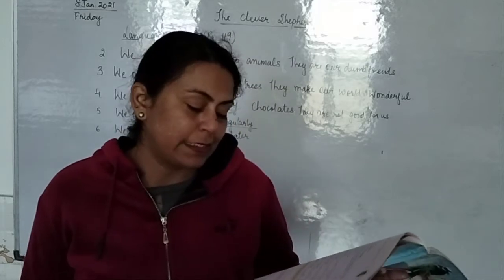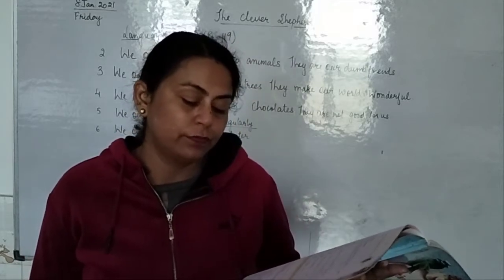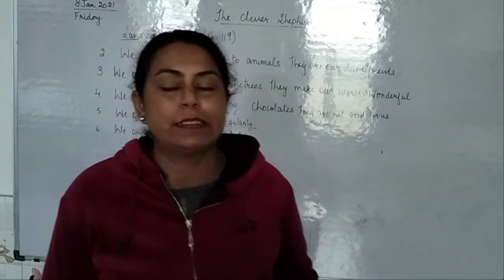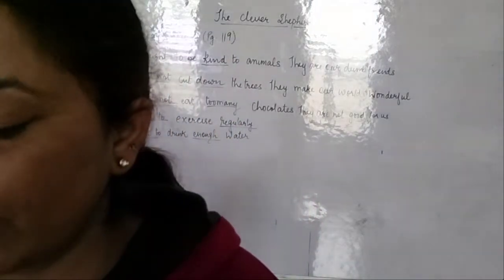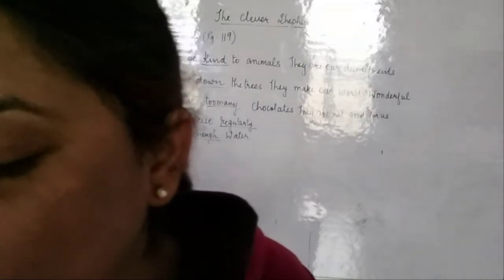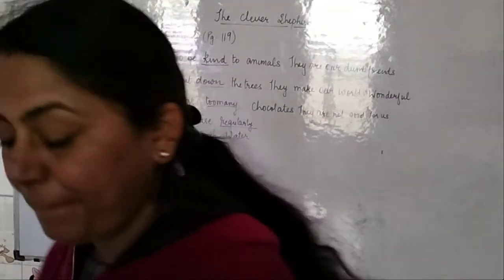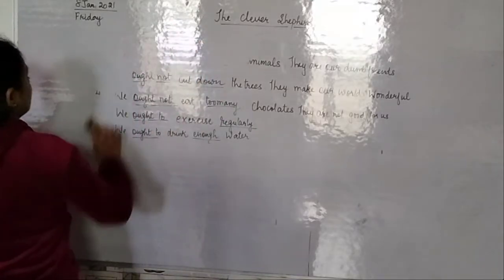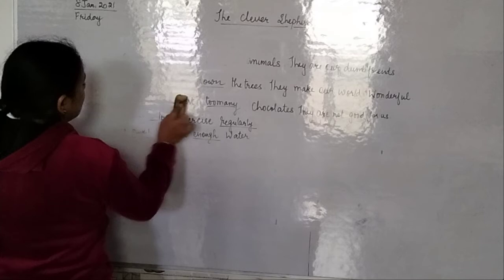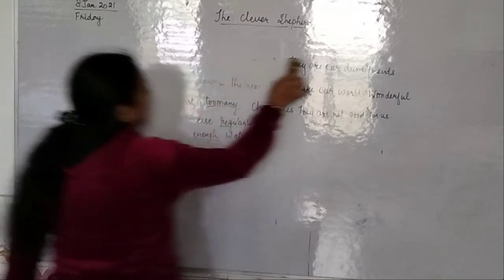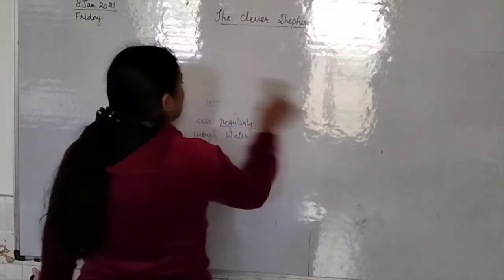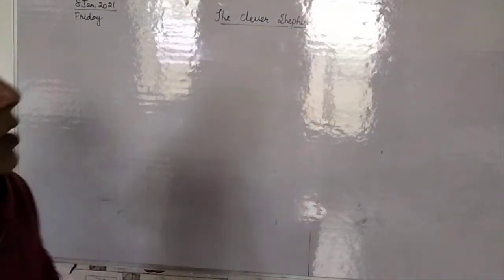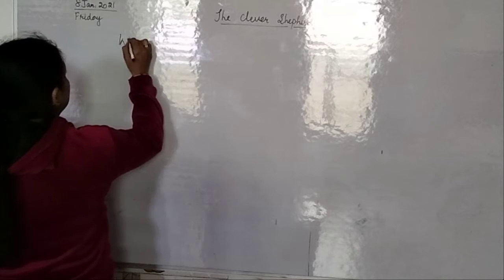So now we have to make sentences using the following adjectival phrases. Soft-spoken person. Now we have to make a sentence with this. So what sentence will you make with this phrase? A soft-spoken person.